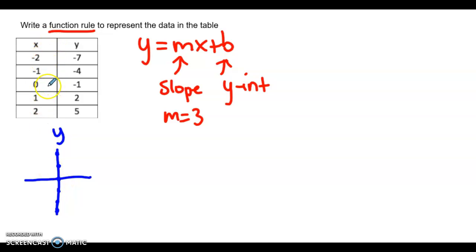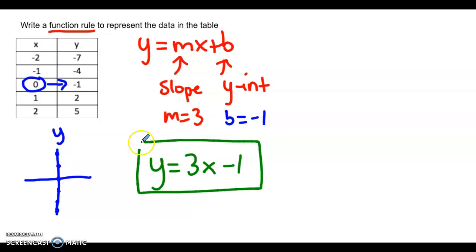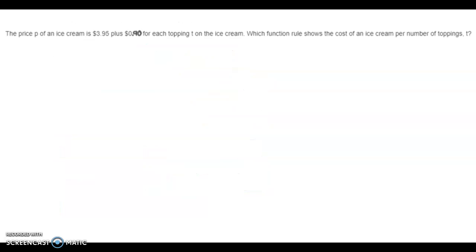So if we want to find the y-intercept from a table, we look for an x value of 0, and that will tell you the y-intercept. So in this case, the y-intercept is -1. And then we can just plug that into our formula, y equals 3x minus 1, and that would be our function rule, or linear equation, however you want to say that.